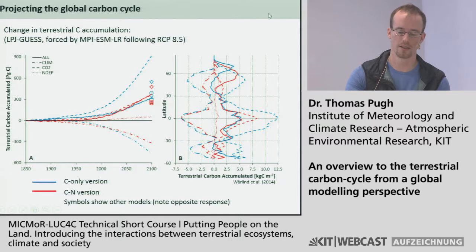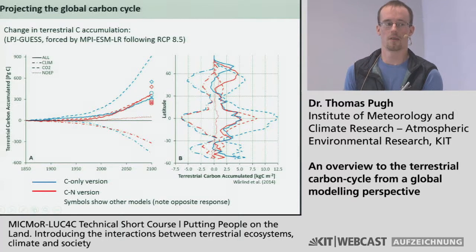Just to say that this plot on the right here shows the latitudinal breakdown of these different fluxes, and I only want to highlight here that we have much more uptake in the tropics, and the CO2 fertilization effect is much larger in the tropics.